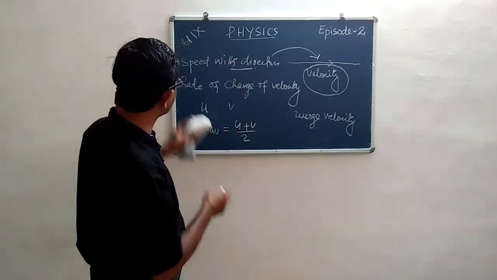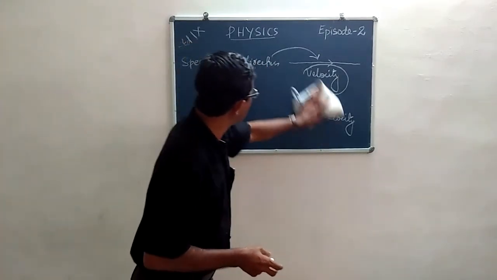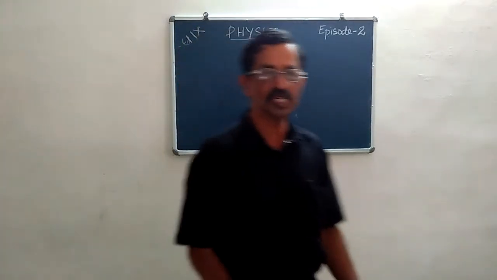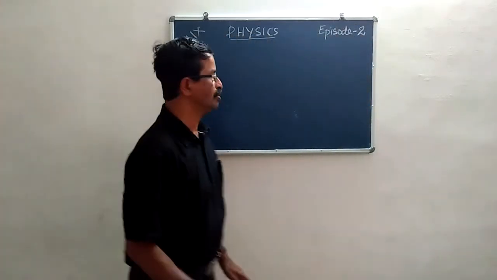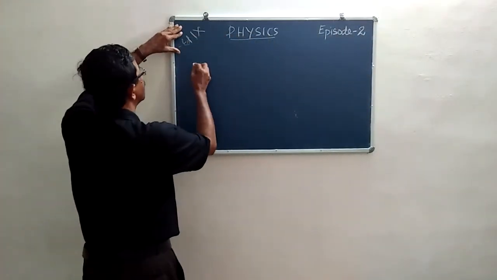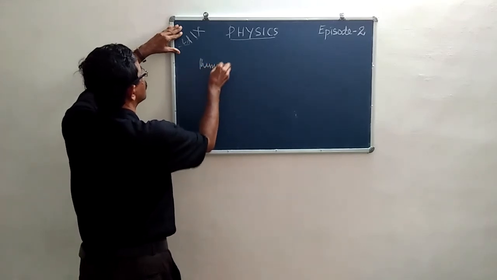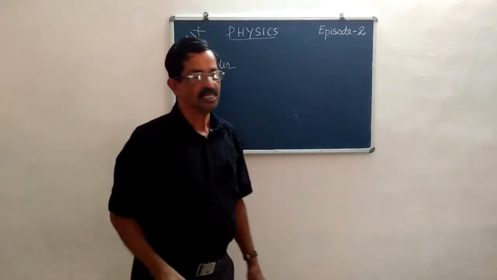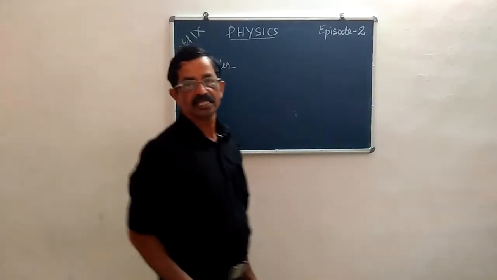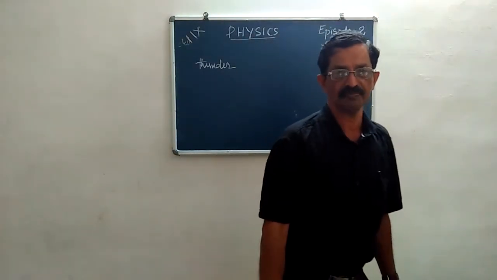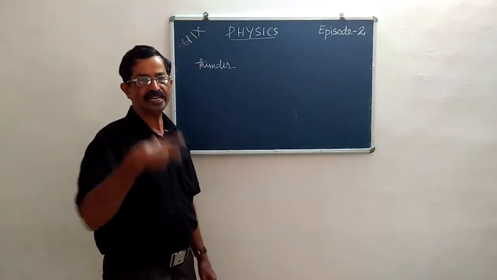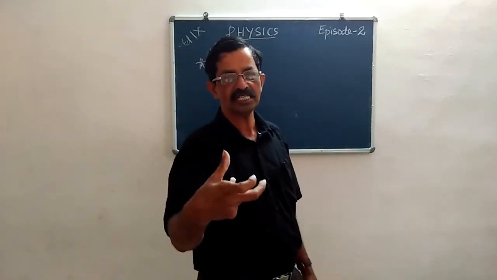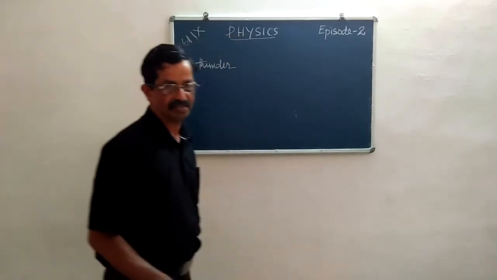Now with this average velocity and other terms, one activity is given for you. Suppose when you hear thunder, you can get a lightning before it. That means sometimes only after the lightning you will get the thunder.